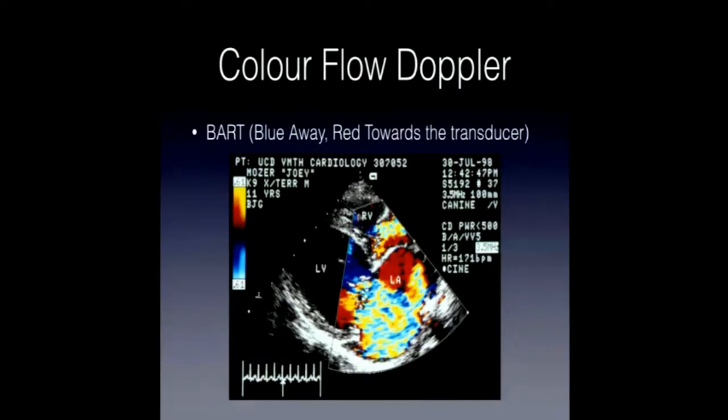This is an important scale which maybe you haven't paid attention to in a while, but this is 0 meters per second, and then blue is away from your probe and red is toward. So if you have flow away from your probe, then it's going to be blue, and if it's towards the probe, it's going to be orange to yellow.